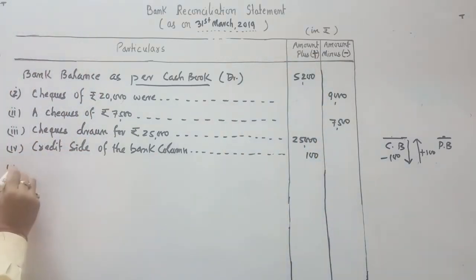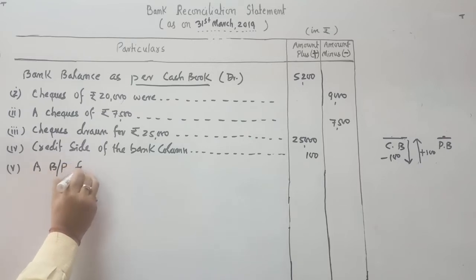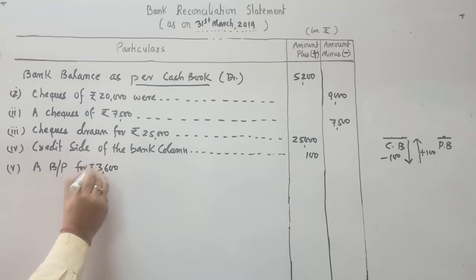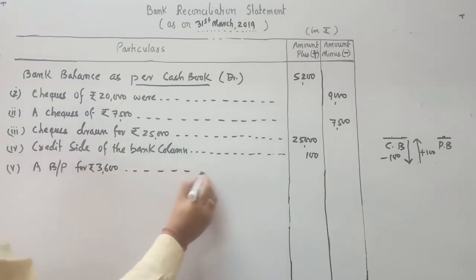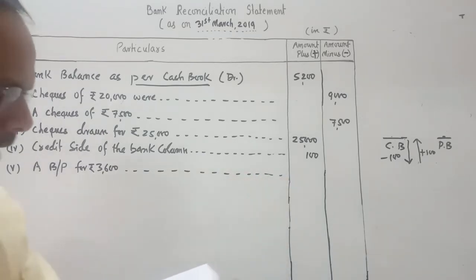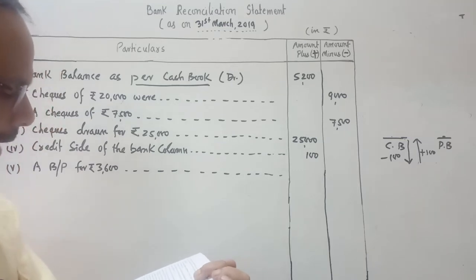Next one is fifth number. Bills payable, BP means bills payable, for rupees 3,600 has been paid by the bank but not yet recorded in the cash book.